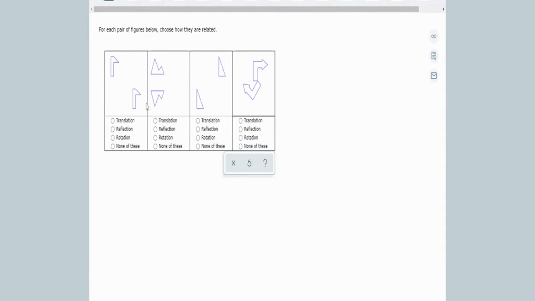Well, these are the same shape, and it looks like they've just slid apart from each other, so that would be considered a translation. This looks to me like it flipped across the x-axis, so that would be a reflection. This looks like another slide or push, whatever you want to call it, so that's a translation. And in this case, you actually have the arrows rotating like this, so that would be considered a rotation.